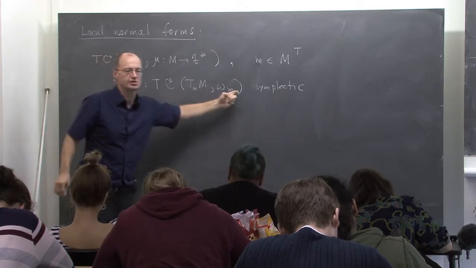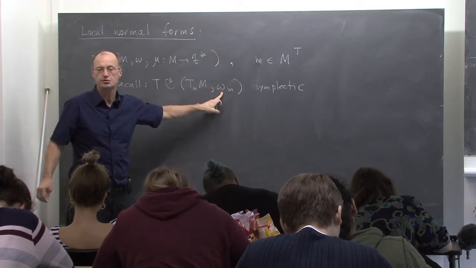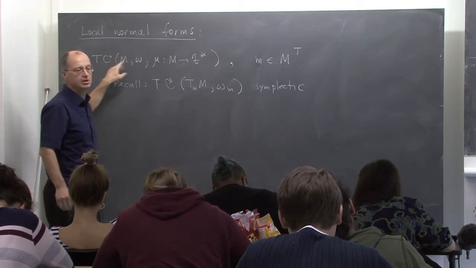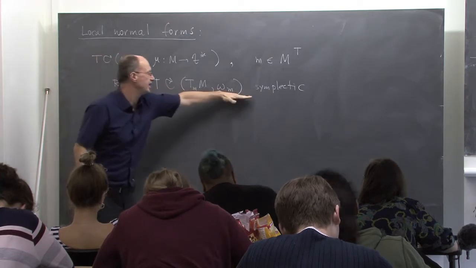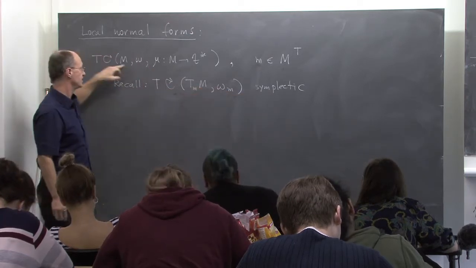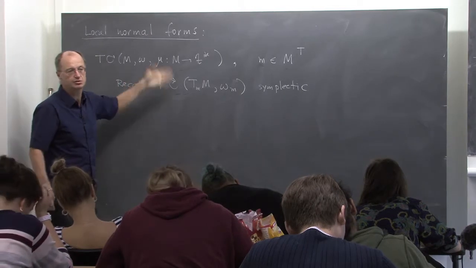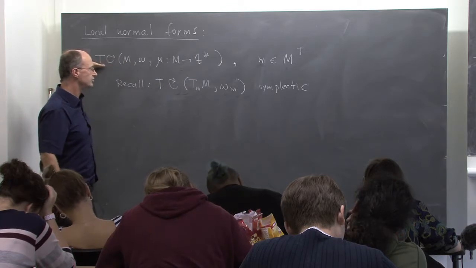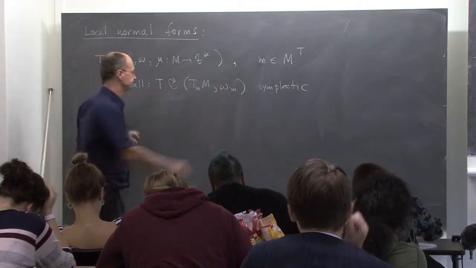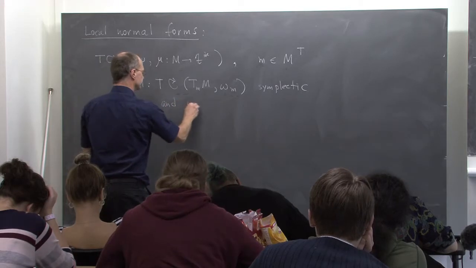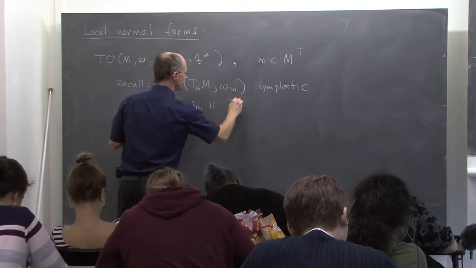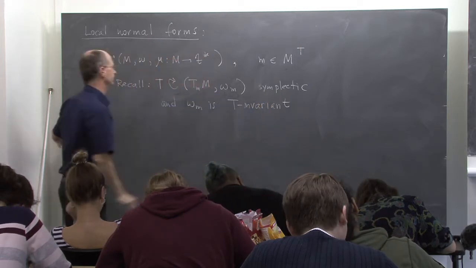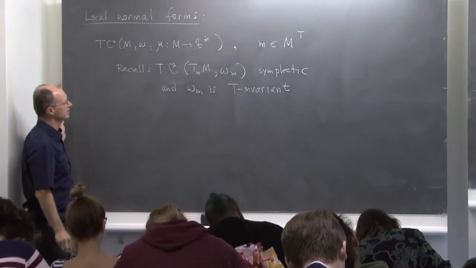And it is easy to see that omega m will be preserved by the torus action. Right? The torus action preserves the 2 form on the tangent space, and now we obtain this structure as an infinitesimal structure for (M, omega). So the T action is naturally induced from the global T action. So omega m is T invariant. Right.